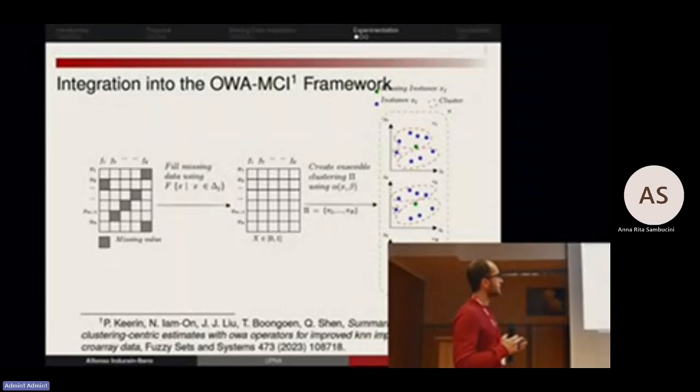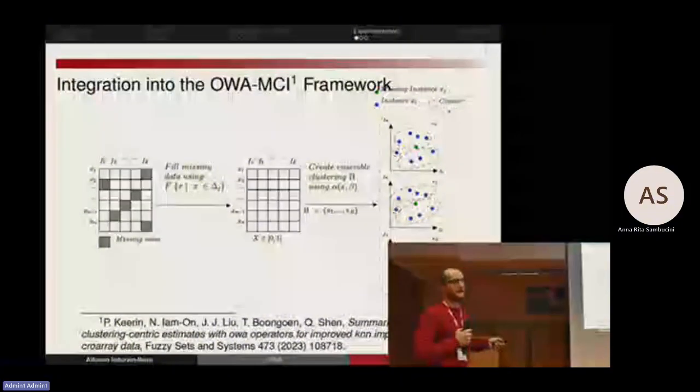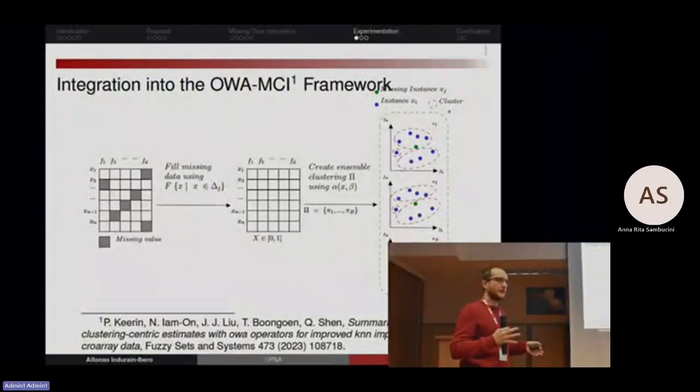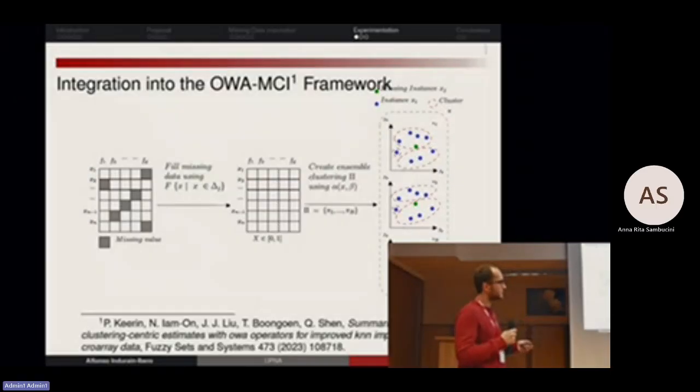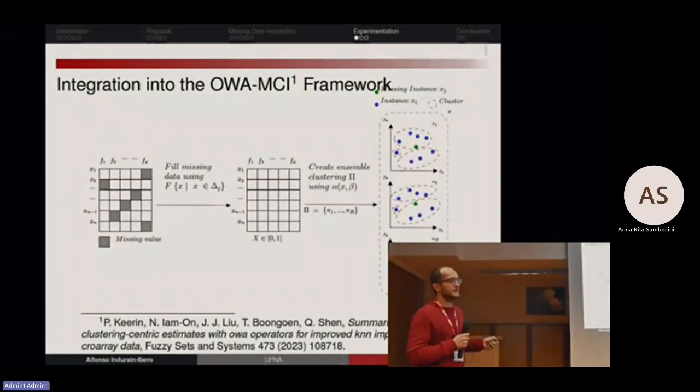Initially, those instances are imputed using single imputation, for example, the mean of the column, or the median, or some single aggregation like that. Then the dataset is divided into several sub-datasets using sub-selection or some other methods for increasing the diversity of the datasets.